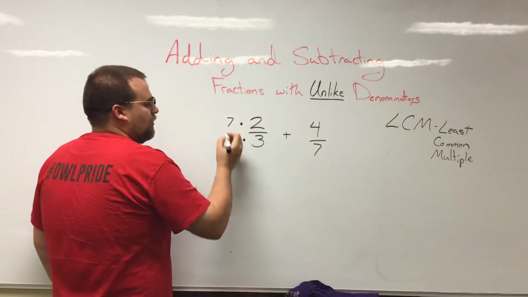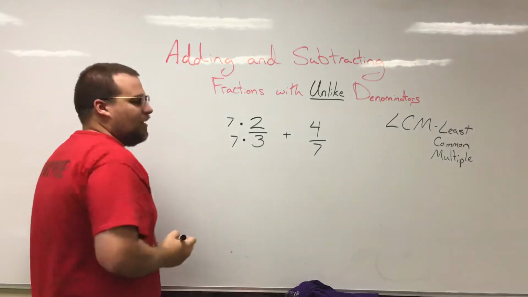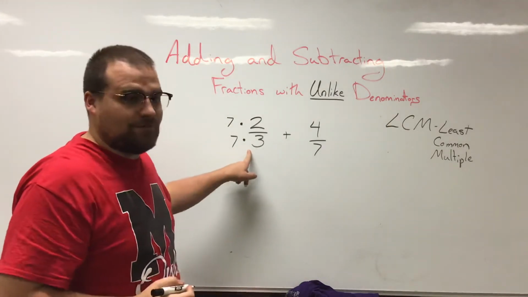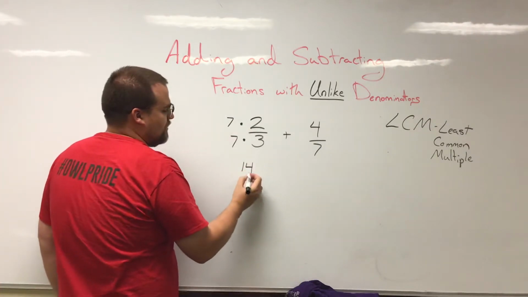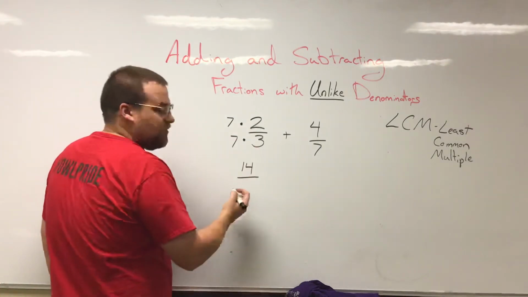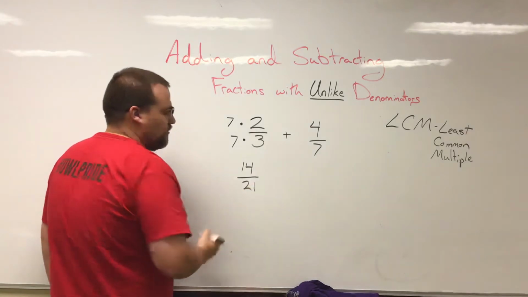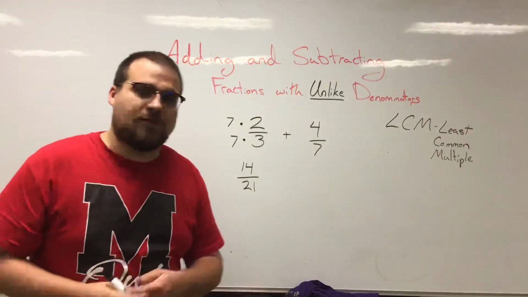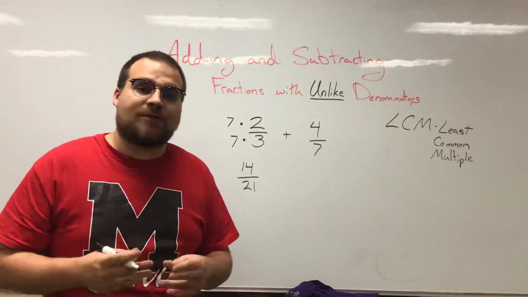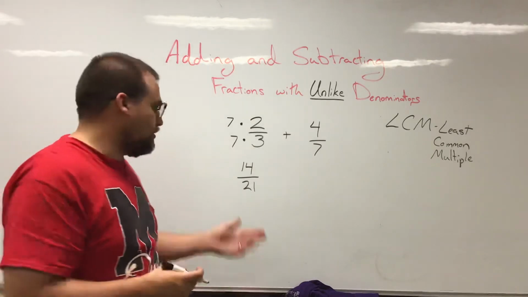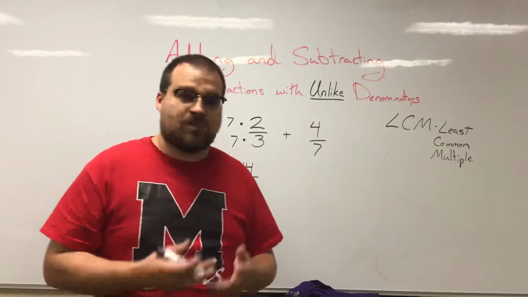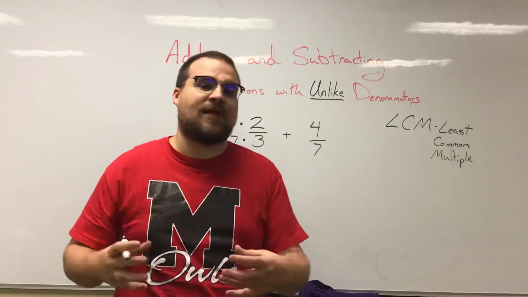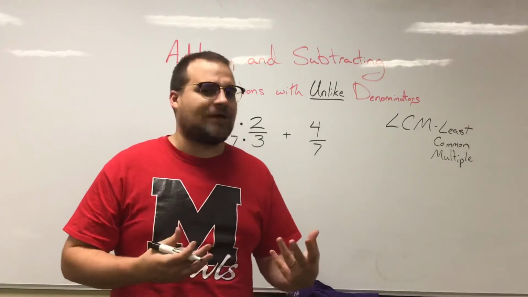So I'm going to multiply the top and bottom of this fraction by 7. 7 times 2 is 14. 7 times 3 is 21. 14 over 21. Now, if you tried to simplify that fraction, you would end up with 2 over 3 again. Same number, same fraction. It means the same thing. It's just a different way of writing it.